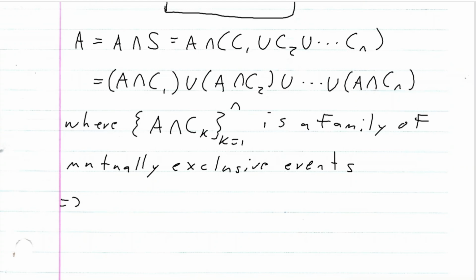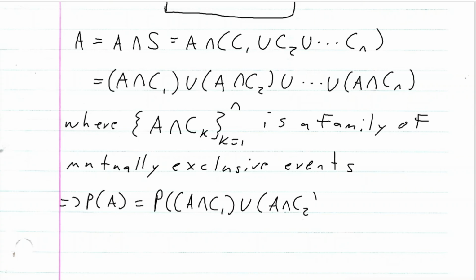So since A is equal to the union of these sets, this means that the probability of A is equal to the probability of the union of those sets. So A intersection C sub 1, union A intersection C sub 2, union dot dot dot, union A intersection C sub n, right?